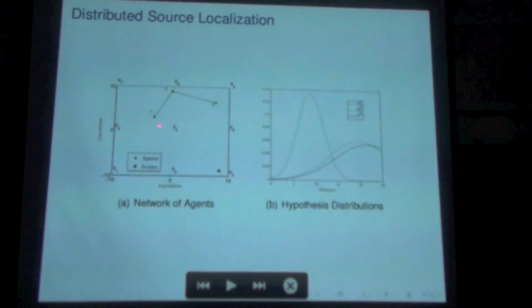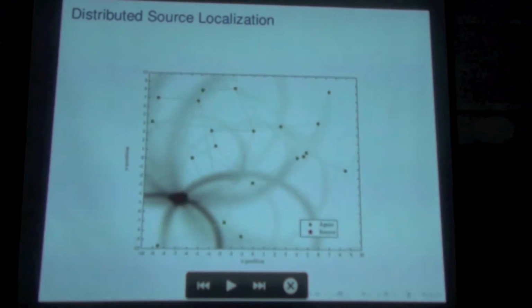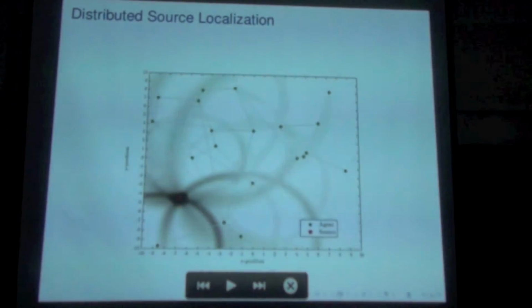And the objective is, now we have a network of sensors in order to identify the location of the target. What is the most likely position of the target? If we only have one sensor that measures distance, the only thing it can say is, okay, the red star is within a certain radius. But now, if we have multiple sensors, ideally we would like to say it is here with high probability.